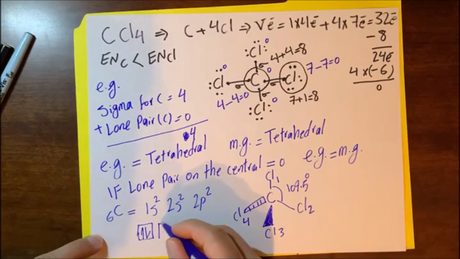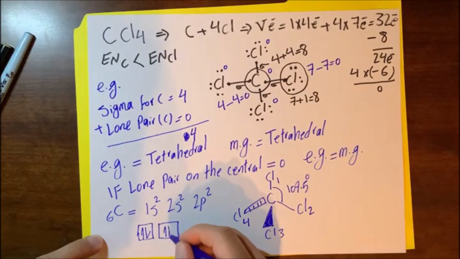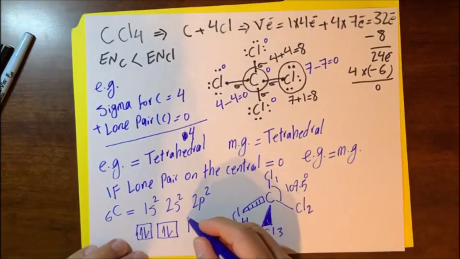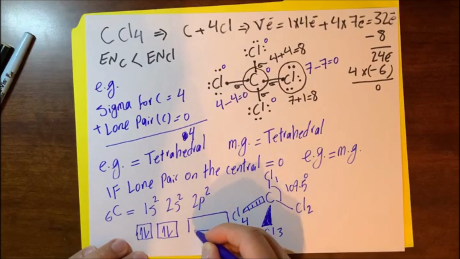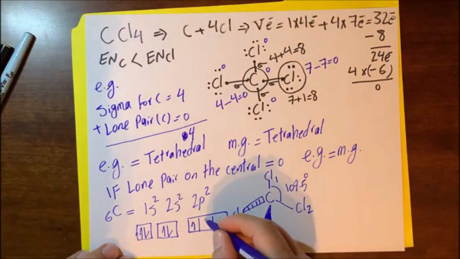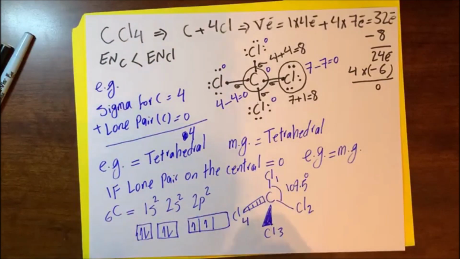The second orbital, again, is full. And the third orbital, the p orbital, has 1 electron in each of the first 2 p orbitals, and the third one is empty.